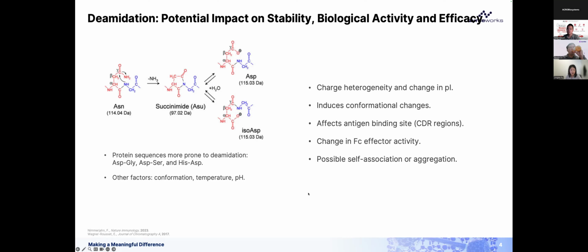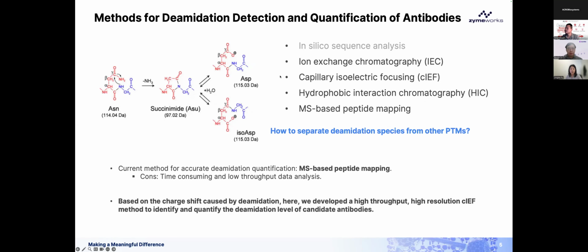So our question now is, how do we monitor or quantify deamidation in antibody? Here are some listed methods that have been used for deamidation detection or quantification. First, in silico prediction of amino acid sequence, which helps locate asparagine that have higher tendency of deamidation. Experimentally, due to the changing charge and hydrophobicity, IEC, cIEF, and HIC can be used for such characterization.